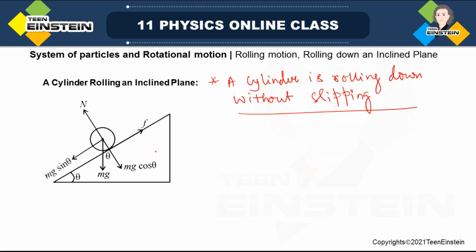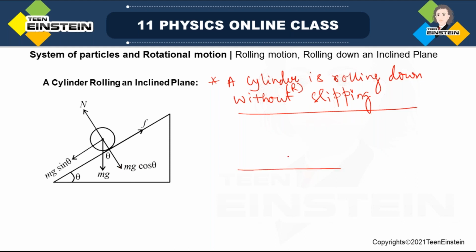We'll see what those are, and we'll break the components out if necessary. This is an inclined plane with angle of inclination theta, and I have a cylinder of radius capital R.